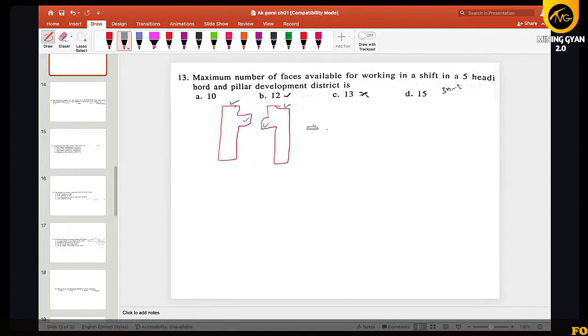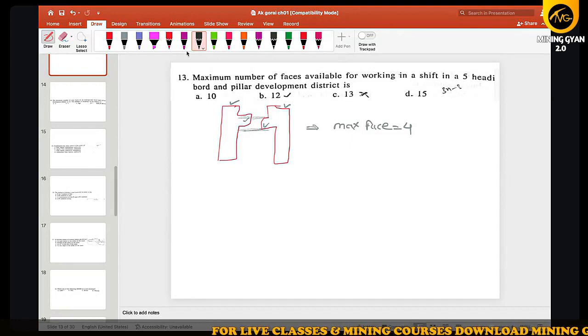So the maximum phase is 4. If someone asks how many minimum phases, then we will count it as one phase.